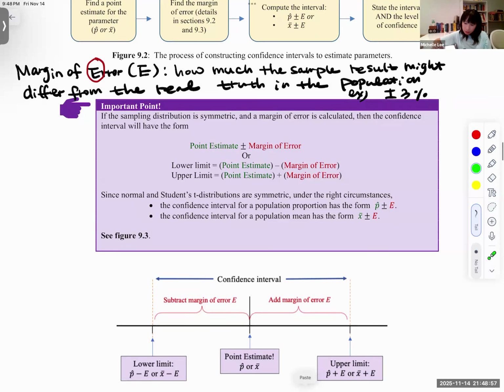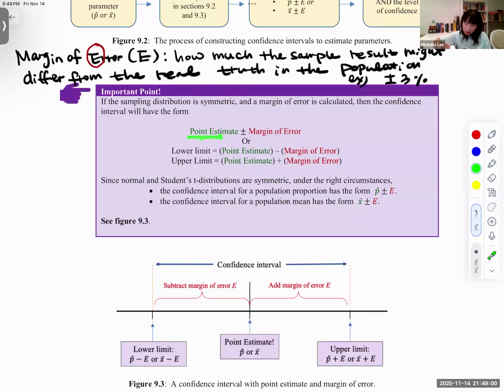Here is the point estimate, which is p hat, plus minus the margin of error, or later on we are going to use x bar plus minus margin of error, right?